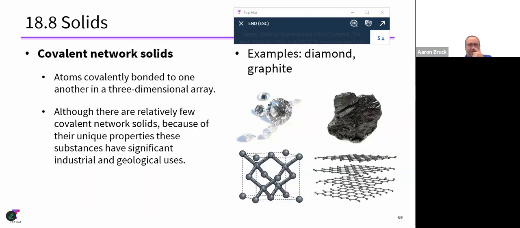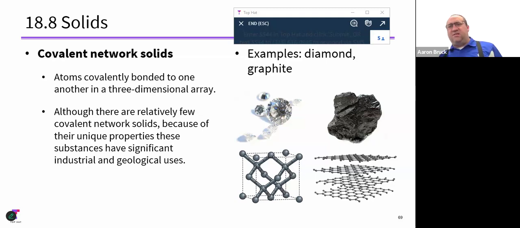The last common type of solid is something called a covalent network solid, or just a network solid. What we see in these is a weird blending together of covalent properties and intermolecular forces.